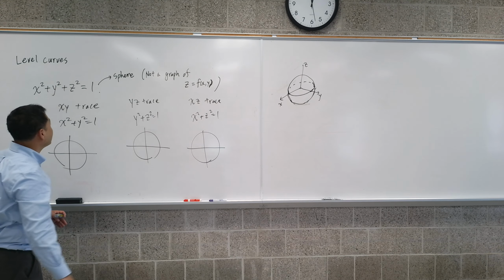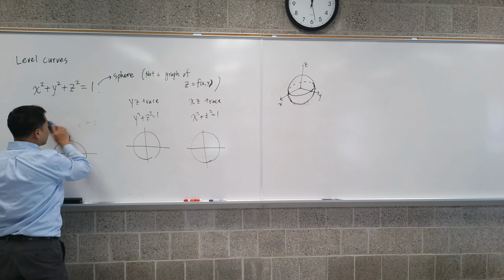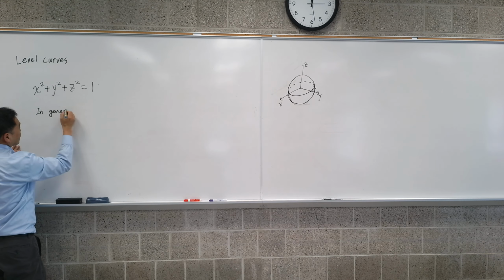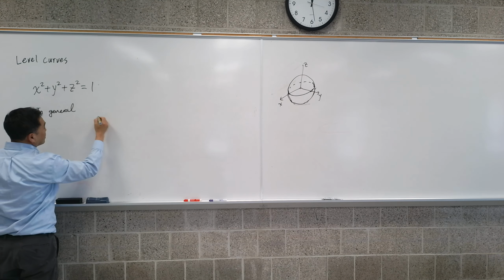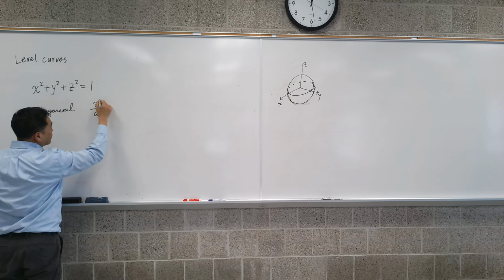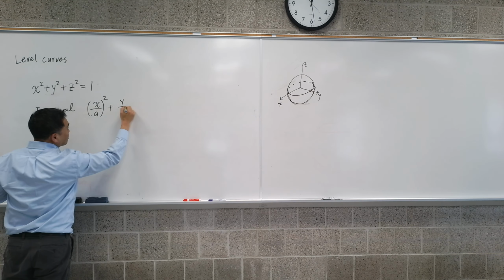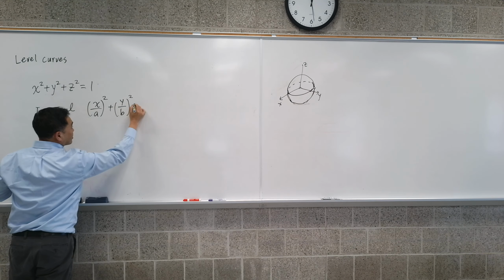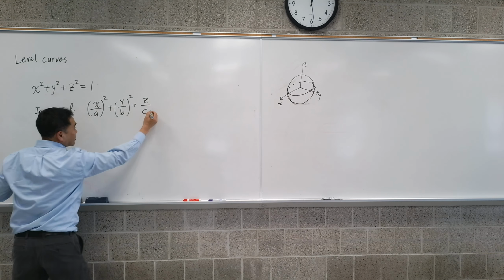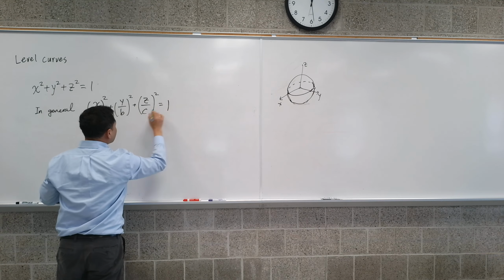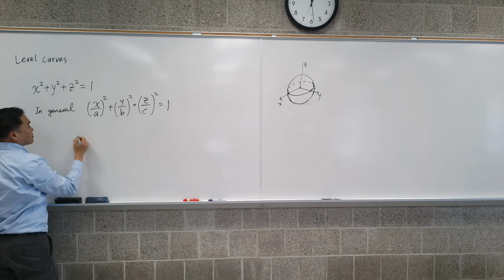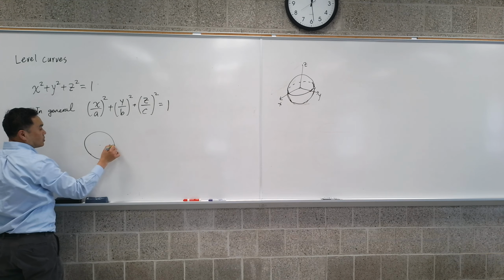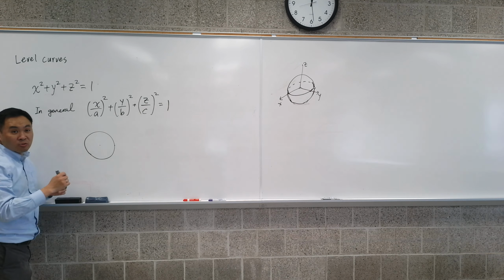And you can kind of see in general, if you want the sphere of radius r, if you have (x over a) squared plus (y over b) squared plus (z over c) squared equal to 1, this is like taking the sphere and you have three directions to stretch, right?